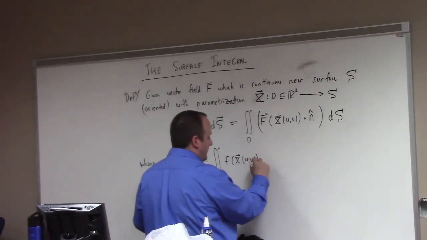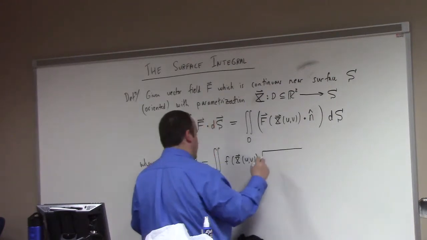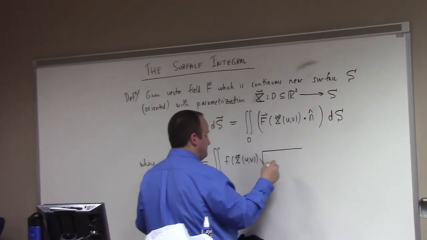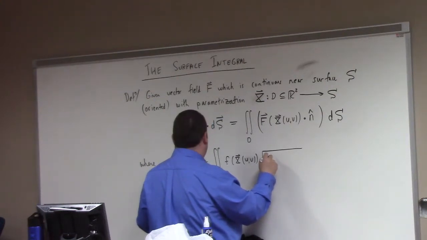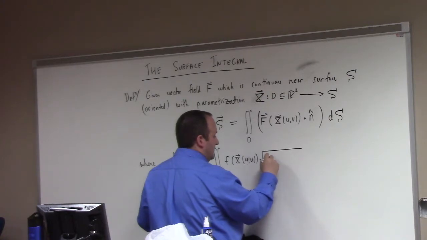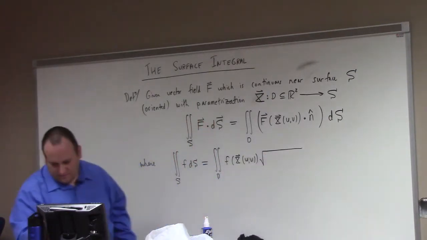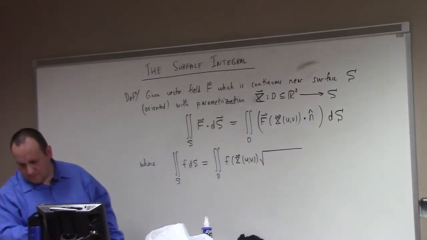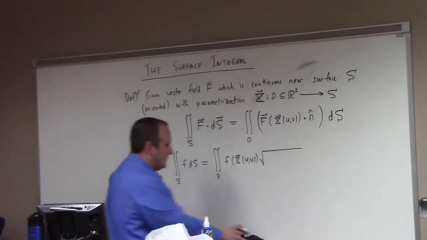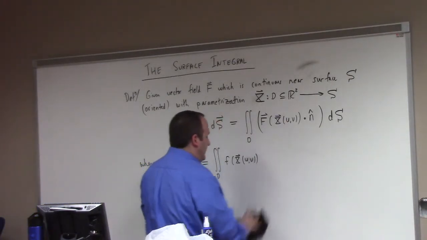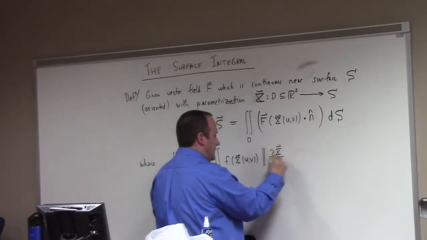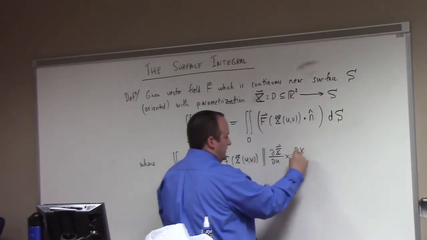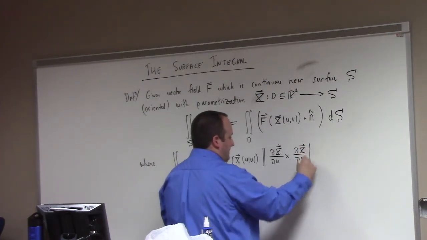Well, dS is the length of partial X, partial u cross partial X, partial v.